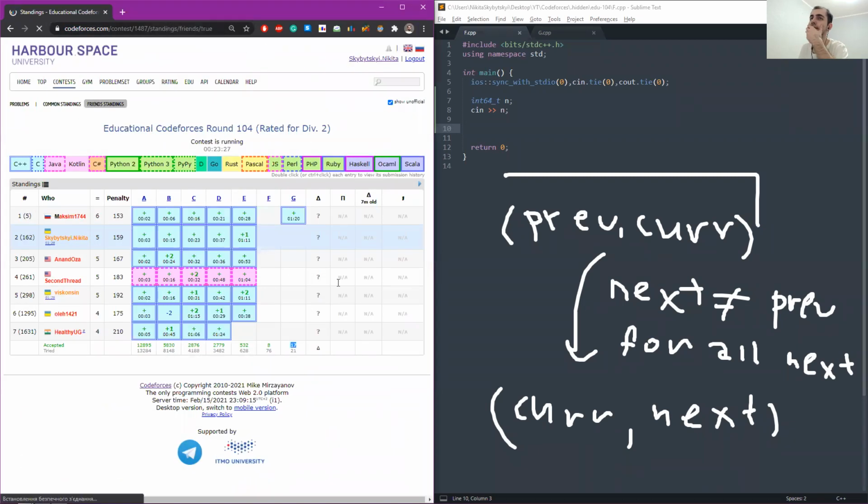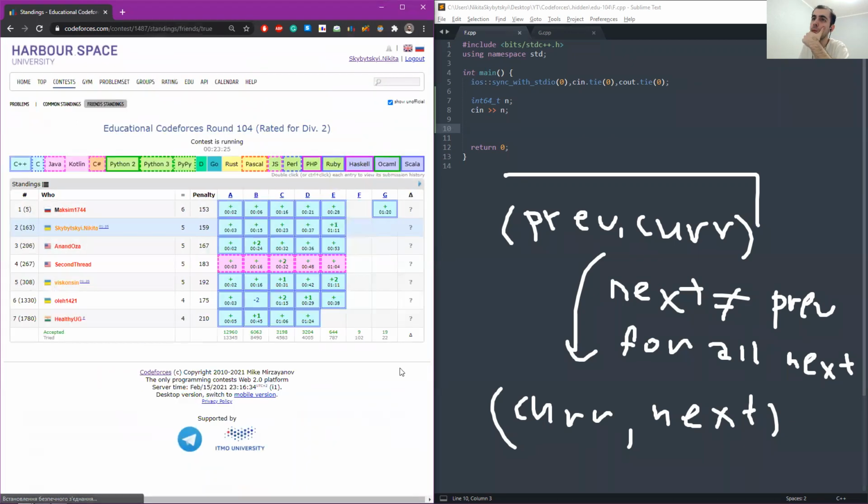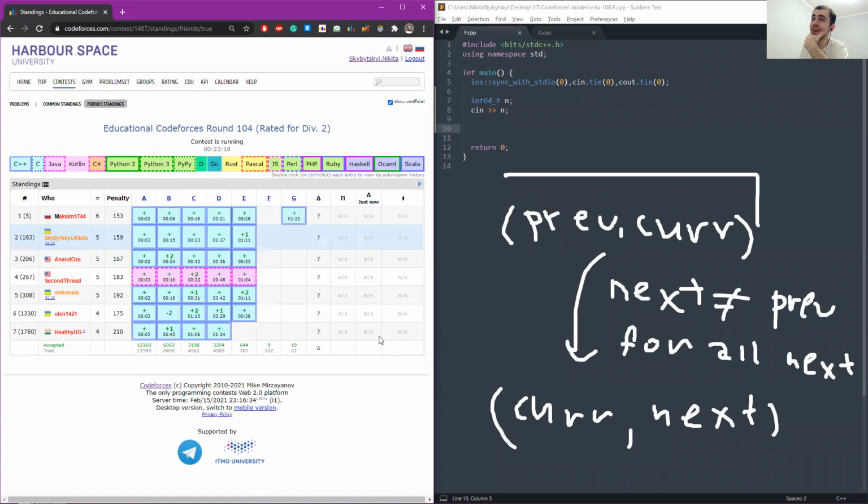What do the standings tell us? Some people are solving F, but really not many. And a bit more people are solving G, which I think is doable from here. The observation that you can run out of 3 letters can't be random. It's got to have something in common with the solution.